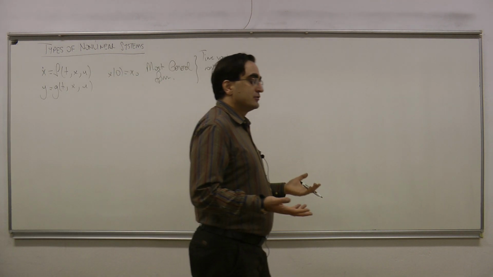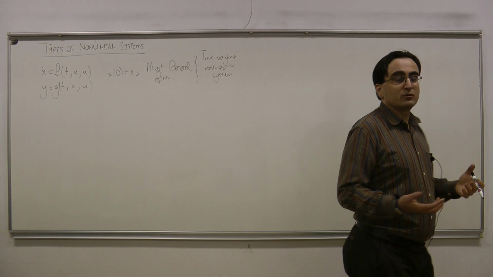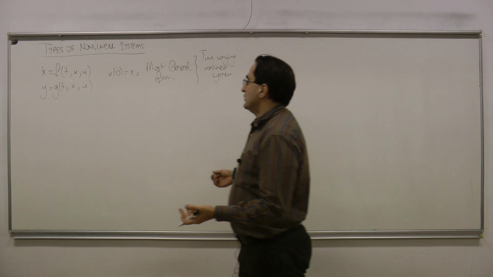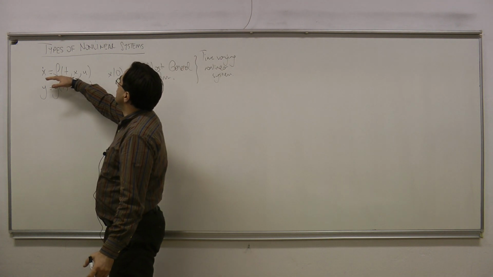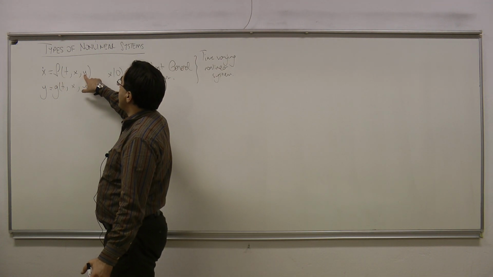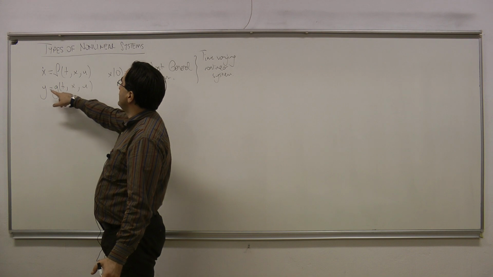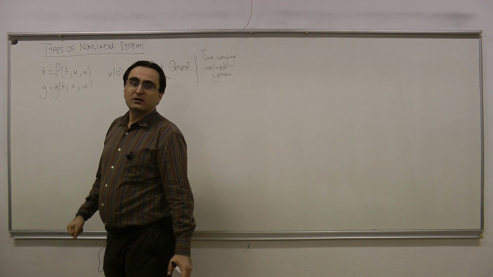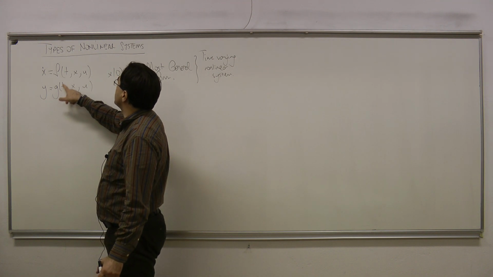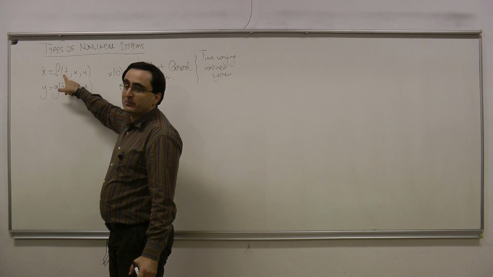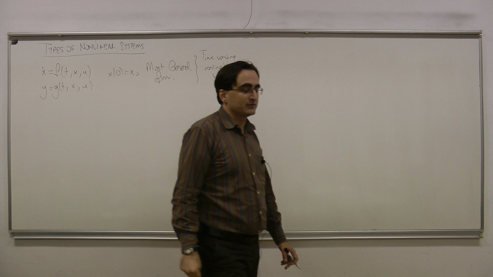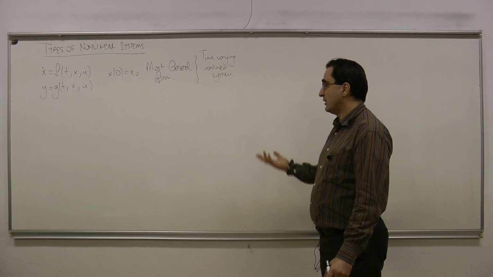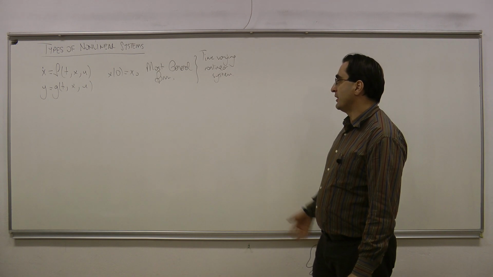But this is not related to the concept of time invariance and time varyingness. Here, the relationship between x, u, and y is changing with respect to time. So this explicit time dependence is what is important for time invariance or time varyingness.